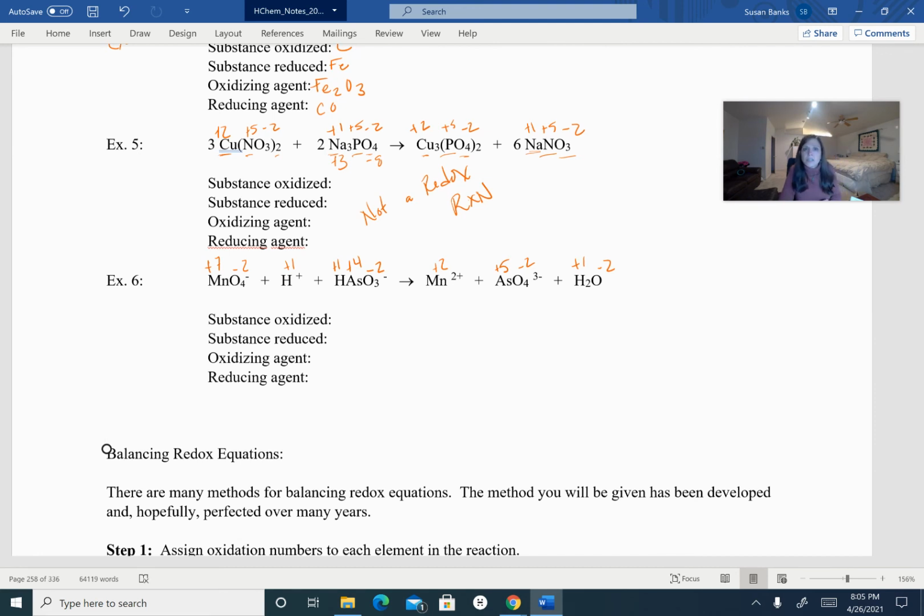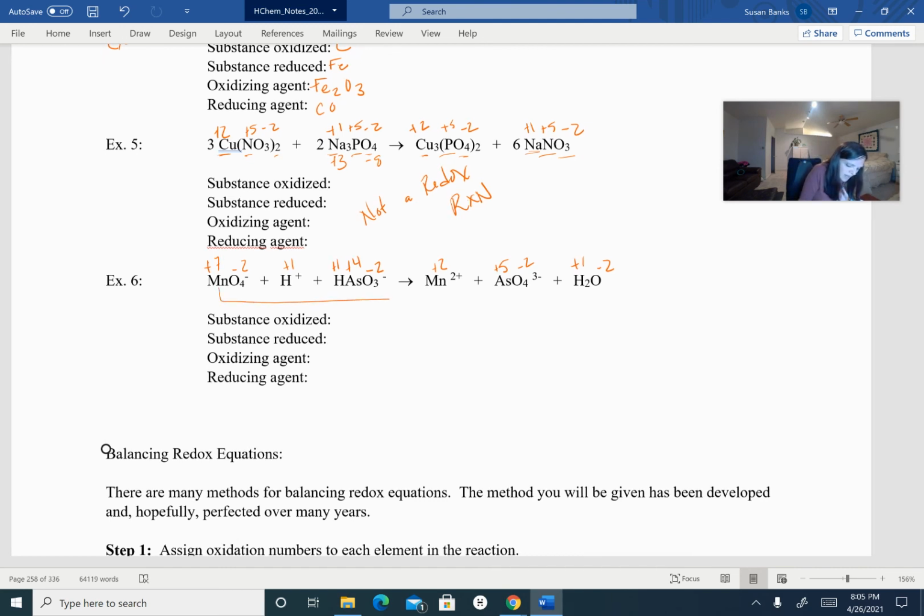Okay, how'd you do on your assigning of the oxidation states? Okay, next we've got to see what changed. So what did change? Hopefully your eyes see that manganese changed from a +7 to a +2. Okay, so how do I go from a +7 to a +2 with just electrons? I have to gain 5 electrons.